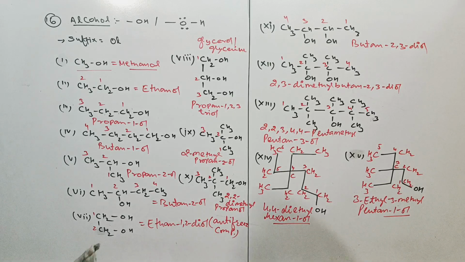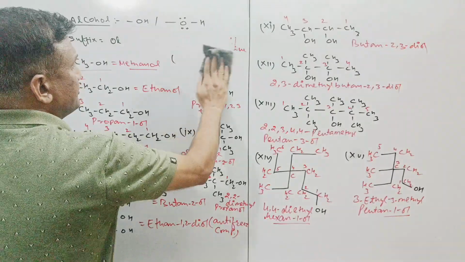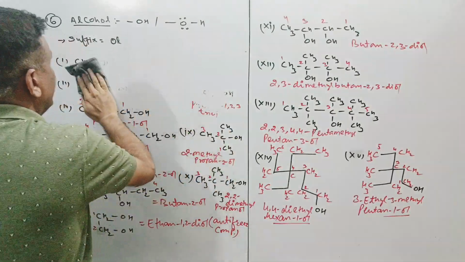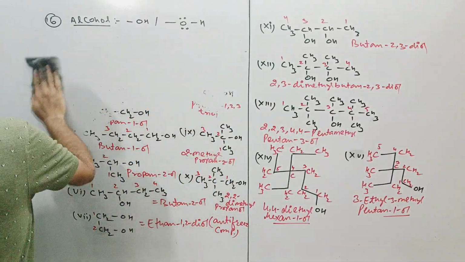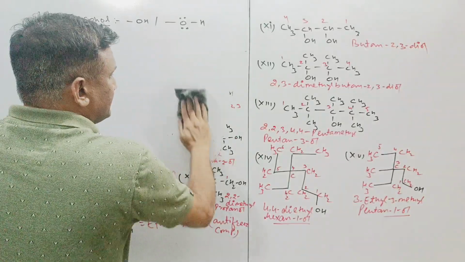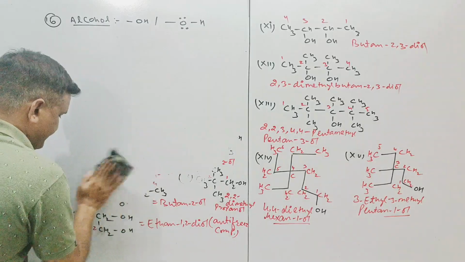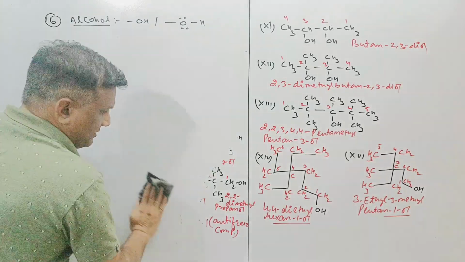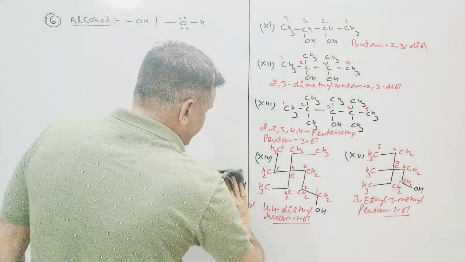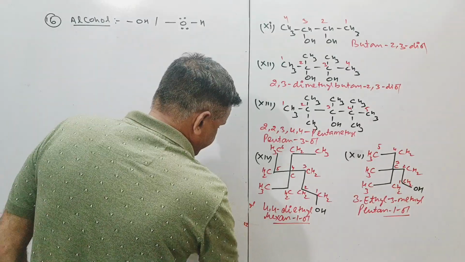Now it is time to discuss the 17th functional group in the IUPAC nomenclature system. That is your very important ether. Ether is a very important compound as a polar solvent.